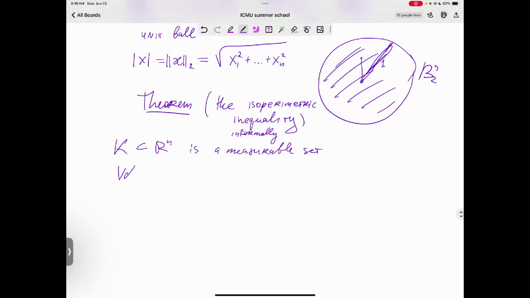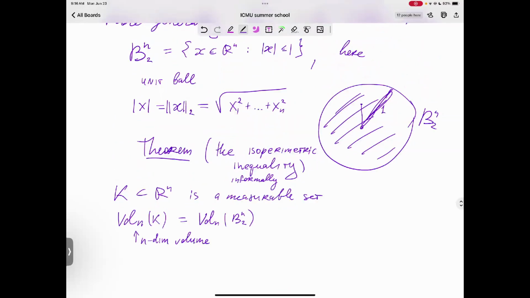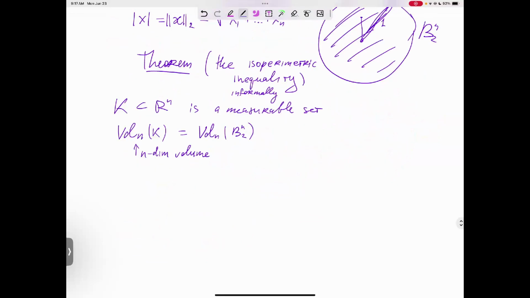Suppose the n-dimensional volume of K is the same as the n-dimensional volume of the unit ball, the ball of radius 1.